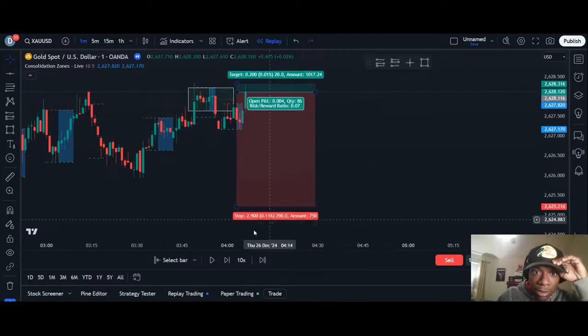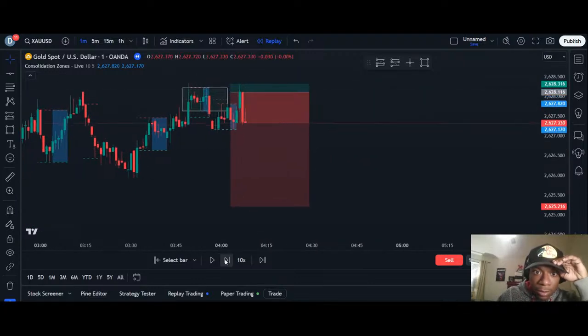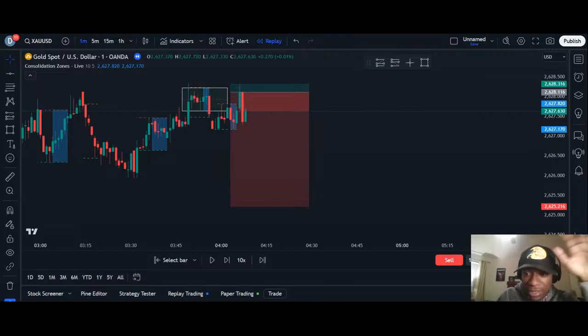All right, $2,900 SL. Okay, hey, we finally got a rejection, boys. 14 trades in, this is the first time we've seen any type of rejection. But look how big. By the time a rejection comes in, we're already at a $2,900 SL.